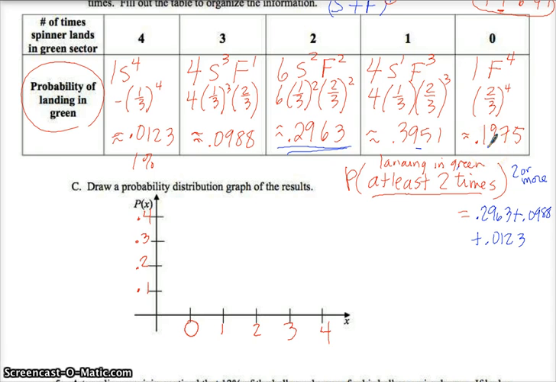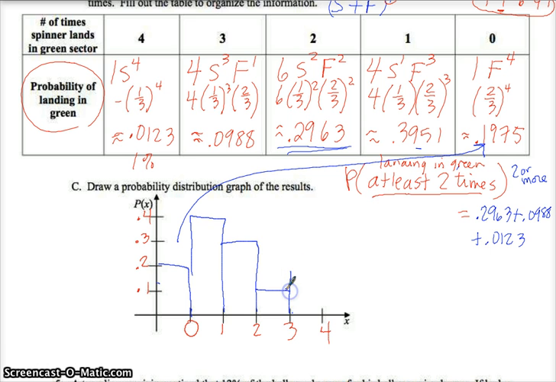So 0 successes was about 12%, or sorry, 1%, my fault. Again, error. 0 successes is back here. I'm looking at the back because I'm going backwards now, right? This one is pertaining to this right here. 1 success, that is about 40%, so I'm going all the way up here. 2, I have about 30%. 3, I have about 10%.